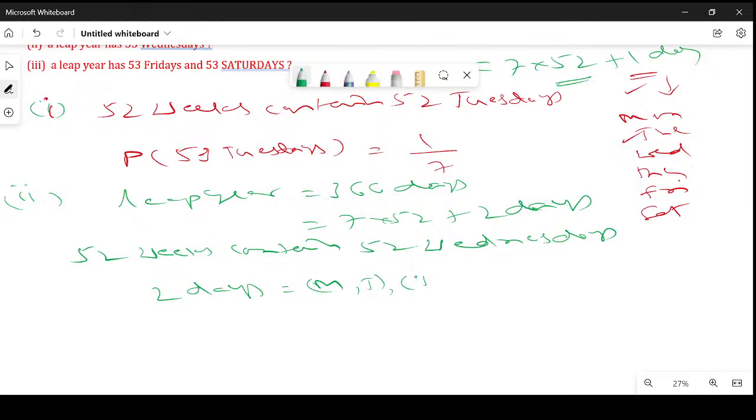Otherwise it will come Tuesday, Wednesday, right? Otherwise Wednesday, Thursday. Otherwise Thursday, Friday. Otherwise Friday, Saturday. Again this is possible.